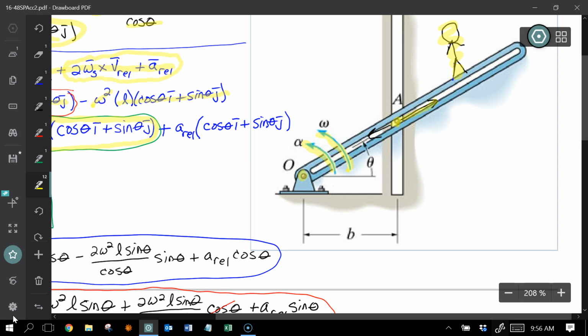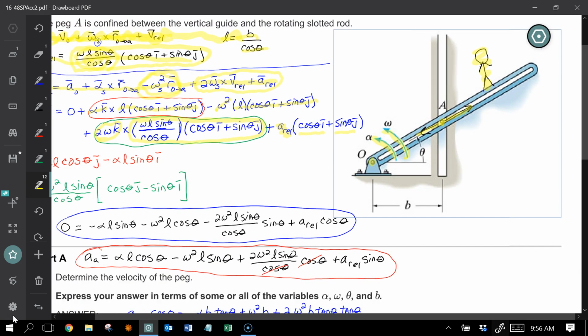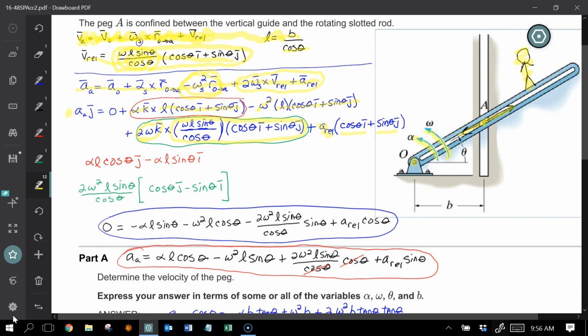It's either accelerating out the slot or it's accelerating in the slot. I don't know which one it is, so I'm going to assume it's going out the slot. So I don't know the magnitude, so I put it in as arel. But I'm assuming it's going to the right and up. In other words, I think it's going to accelerate out. When I solve for arel, a positive number means I'm right. Negative number means I'm wrong. Okay, so that's how you plug those things in.